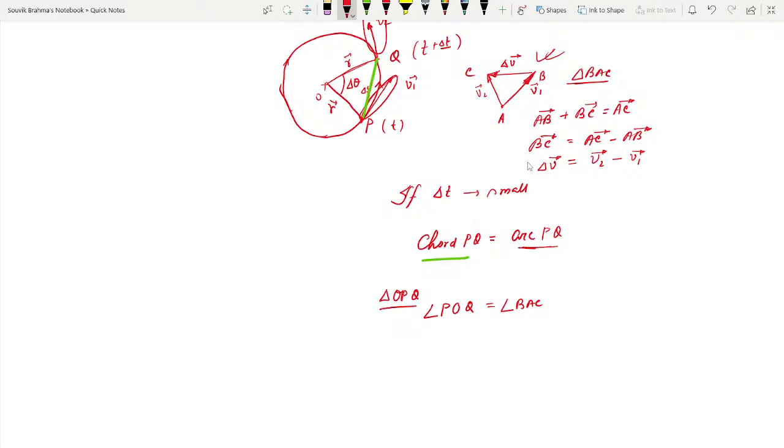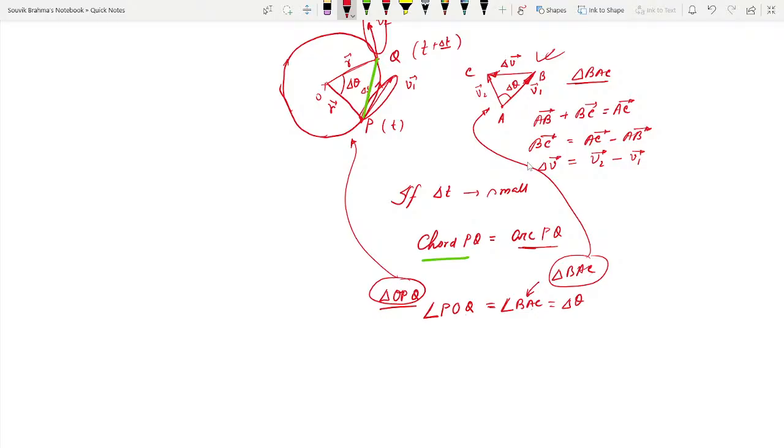For triangle OPQ, the angle POQ is equal to the angle BAC. Now this angle BAC is for the triangle BAC. We are comparing these two triangles, triangle OPQ in this diagram and triangle BAC of this diagram, and we are comparing both the angles. Both of them are actually delta theta.